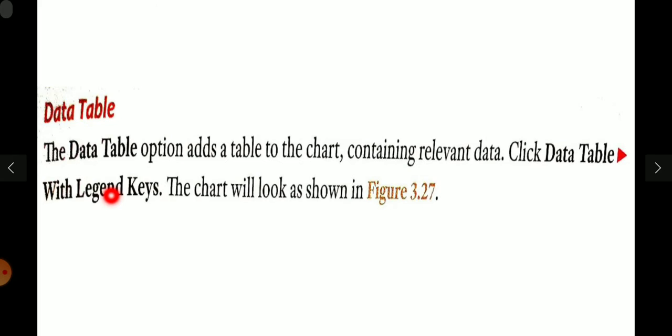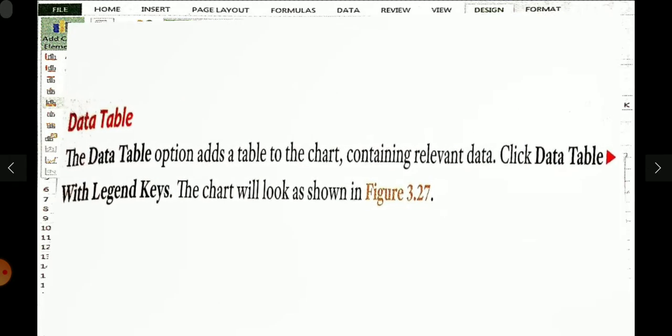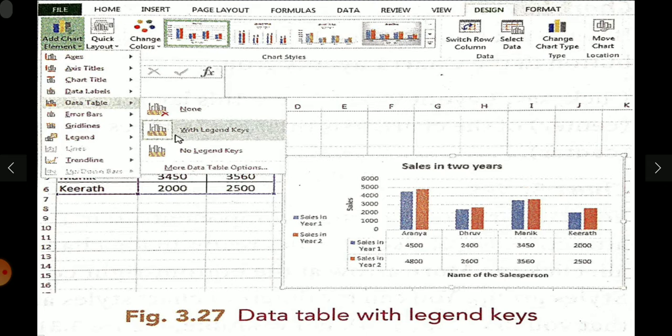Next comes data table. The data table option adds a table to a chart containing the relevant data. Click data table with legend keys. The chart will look as shown in figure 3.27, like this. You can see this is called a data table.